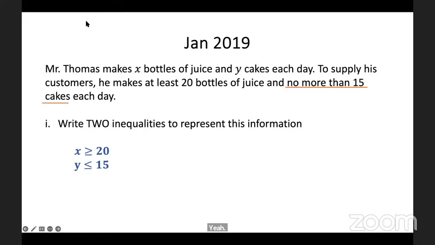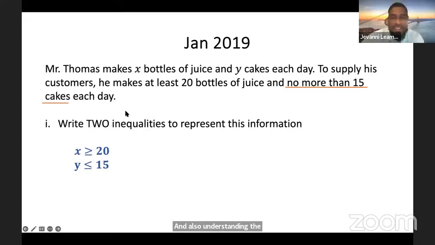And remember that this inequality symbol, the wider part always opens to the amount that you're saying is more. And the narrower part, the end of the V, also points to the part that should be less. So you are using those two understandings, which is your real life use of your terms, and also understanding the symbol itself. That's it for me. Thank you.